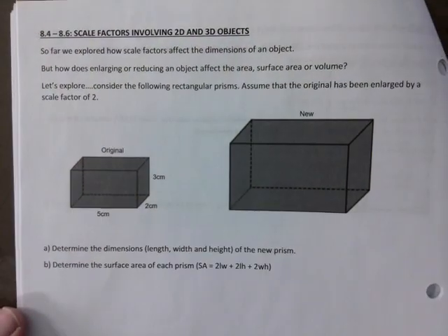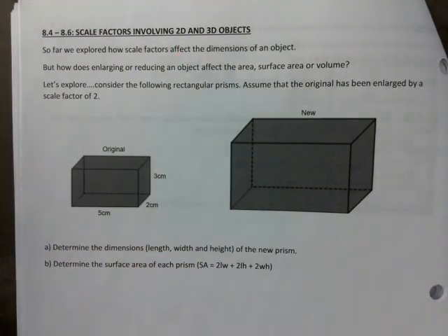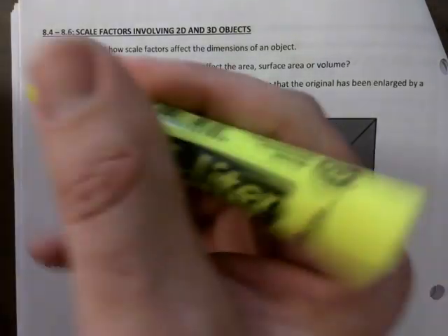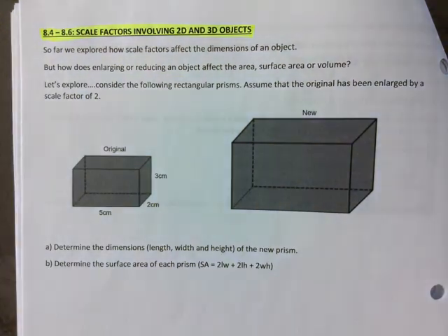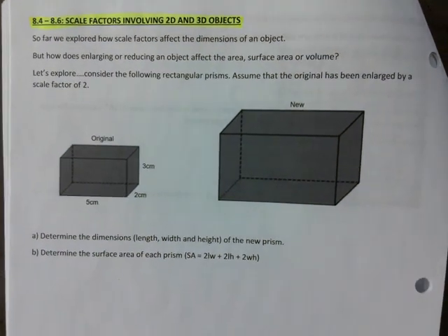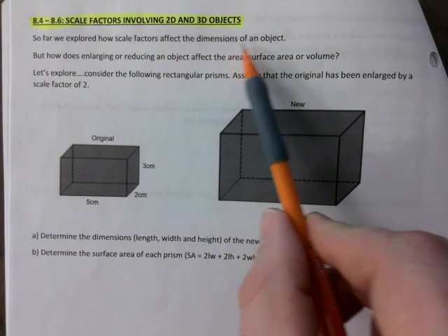So now we're going to talk about scale factors involving 2D and 3D objects. Very important. If you ever needed to be awake, this is the time to do it. So far we explored how scale factors affect the dimensions of an object.